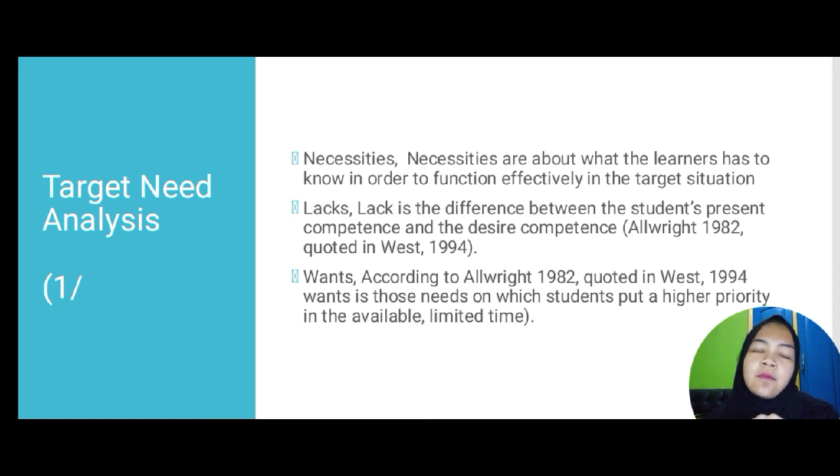And according to Hutchinson and Waters, wants are defined as the perceived or subjective needs of learners. Wants also mean that the students need to know what they want to learn. From that situation, students will make some effort to reach what they want, what they are willing to do. So thank you for your nice attention.